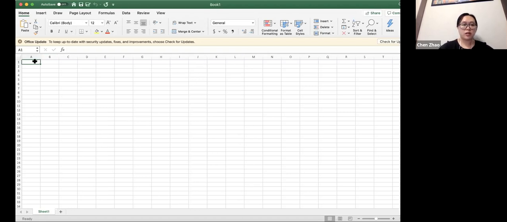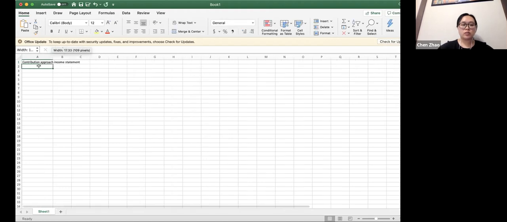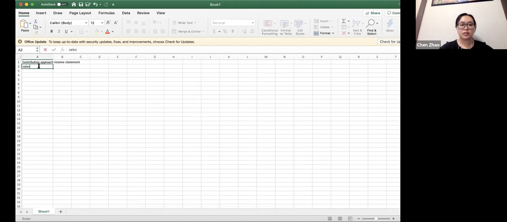Okay. So in Excel, you can write contribution approach income statement. And then you can write out all the items here: sales minus the VC.